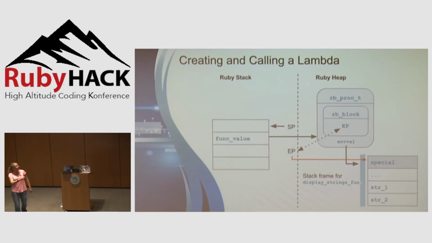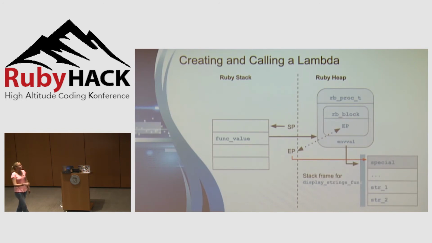Now you'll notice what we have now is we've got a pointer going from the stack through this lambda object on the heap to this copy of the stack frame on the heap, which has references to the string 1 and string 2 variables. And so there's a live pointer going from the stack, somehow, to the string 1 and string 2 objects on the heap somewhere, which means that they won't be garbage collected and they can remain available to your program.